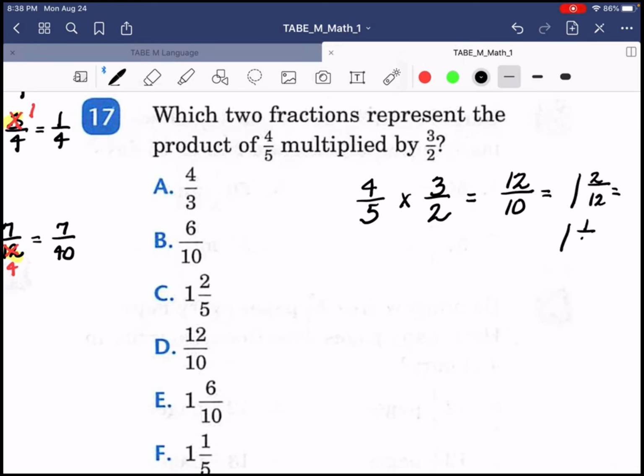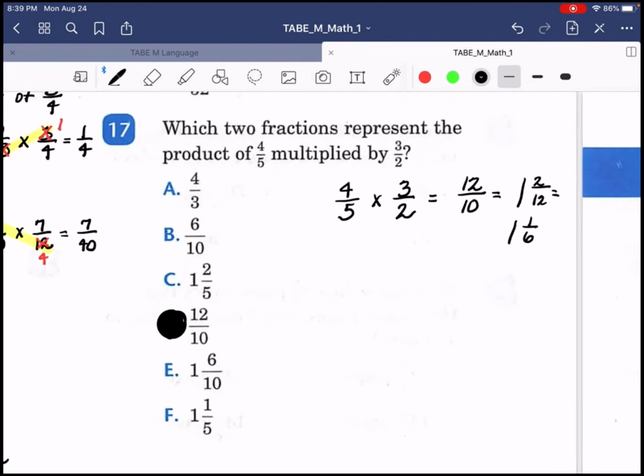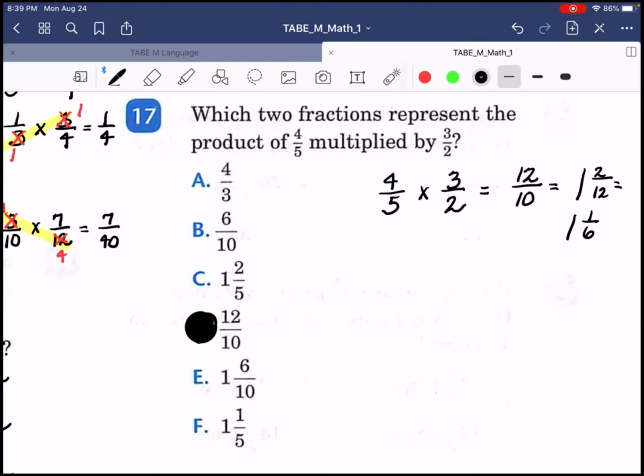And I'm not sure why I used a 12 there. I believe I made a mistake. Hopefully I will catch it. That should be a 10 on the bottom, not a 12, because there was a 10 on the bottom there. And we need two answers, so surely I'm going to catch it here.